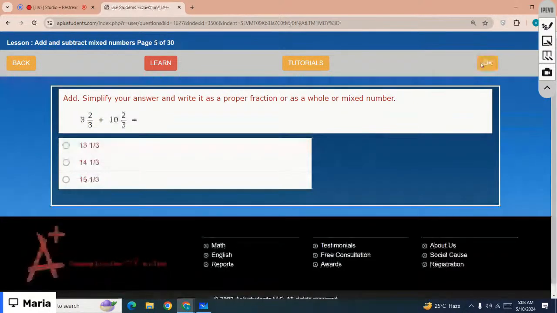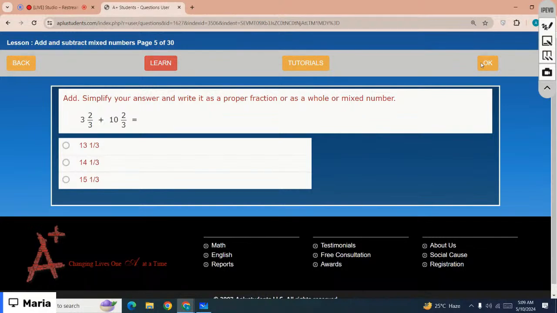3 whole 2 by 3 plus 10 whole 2 by 3, which is the correct option? This must be 13 whole 4 over 3, right?